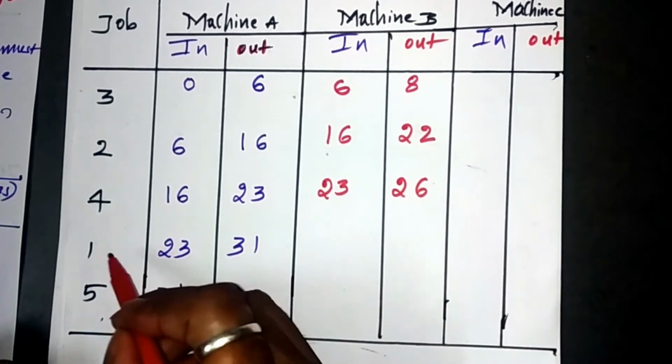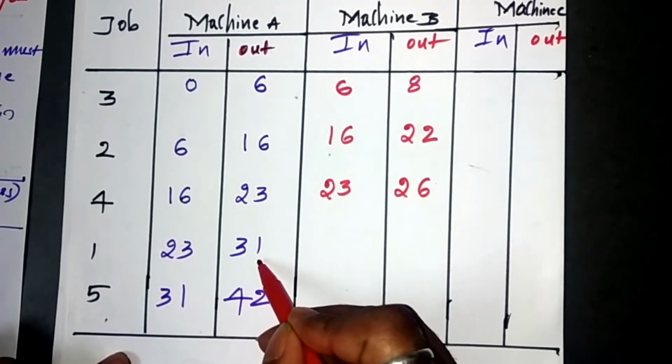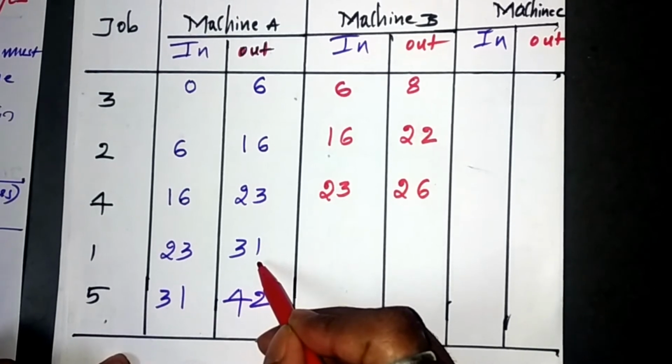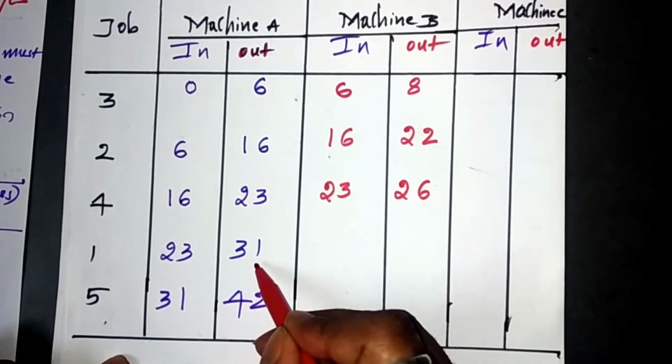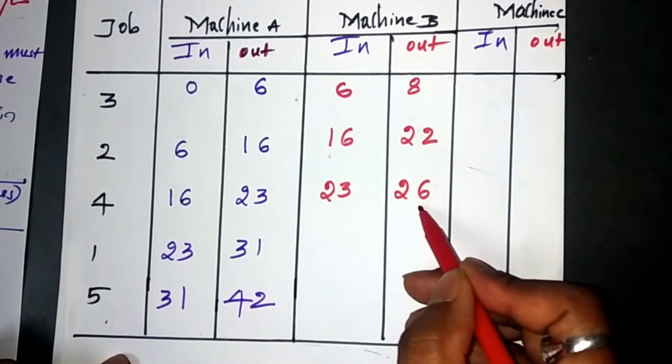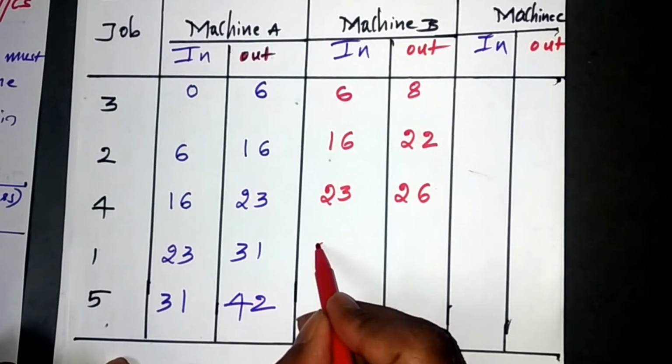Next we will write for job number 1. Job number 1 has finished its work on machine A at 31 hours, so we should write the in time for machine B for job number 1. Here we have a 31 and here we have a 26. As I've said, whichever is the maximum, you write it here as the in time.